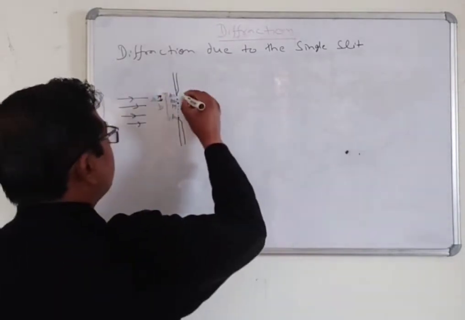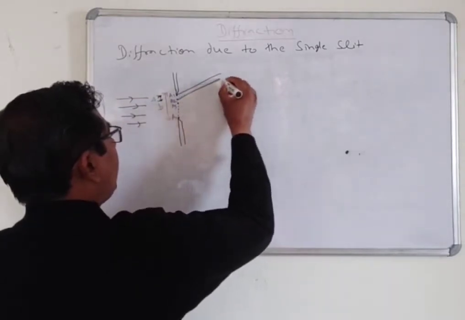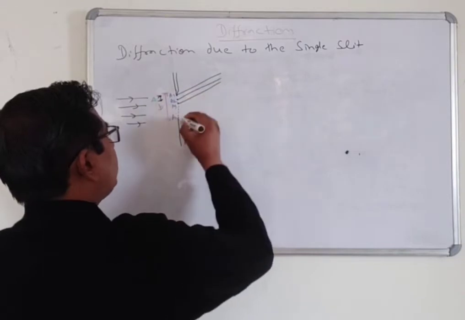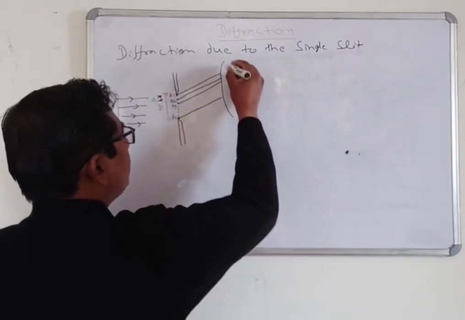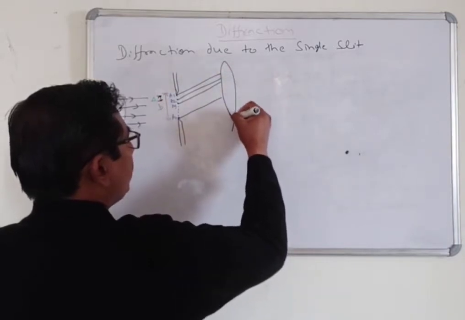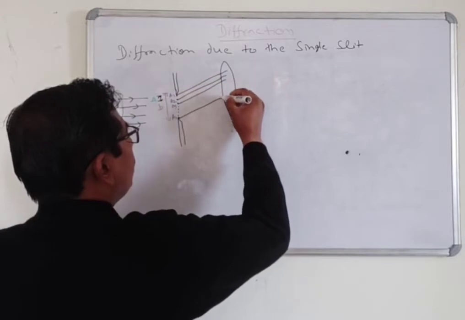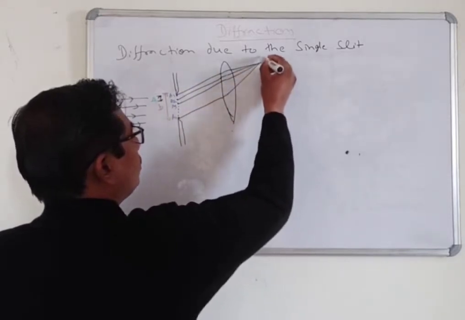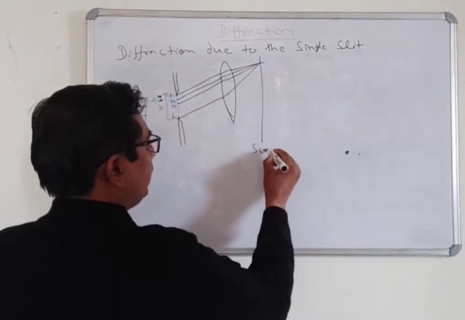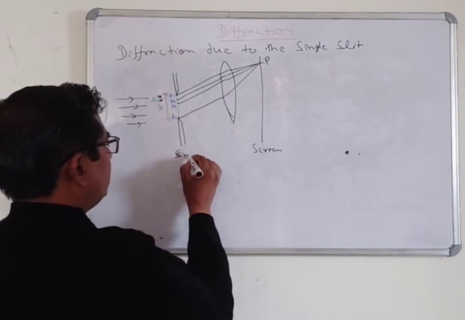Now here light will be bent like that at every point of the secondary wavelet, and here will be a convex lens, and that will focus all the waves at a point P. That will be the screen. This is a single slit.